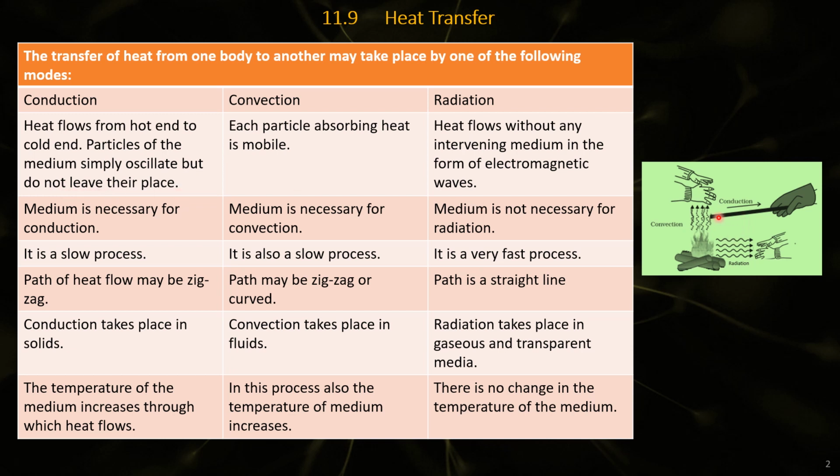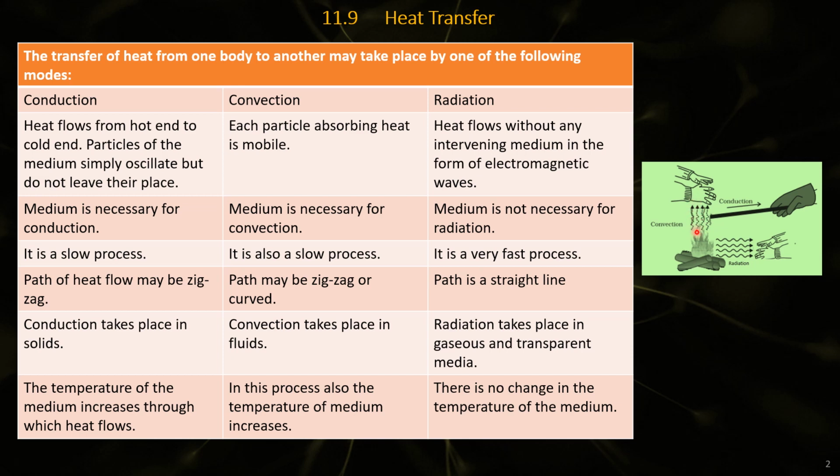Please see conduction. Here a metallic rod is held over a heat source, and the transfer of heat takes place through the rod. Convection, each particle absorbing heat is mobile. Here, the particle itself in the atmosphere absorbs heat and it moves physically, and heat is transferred.